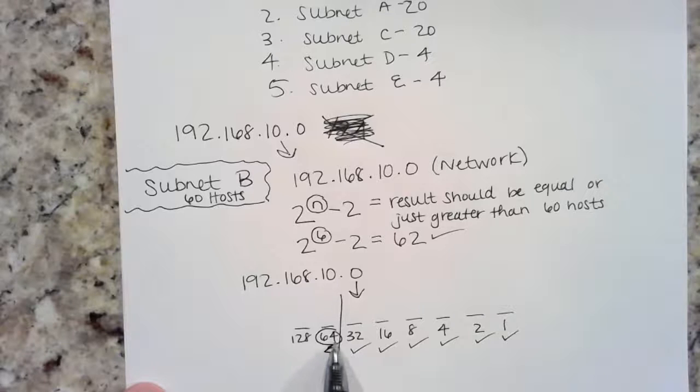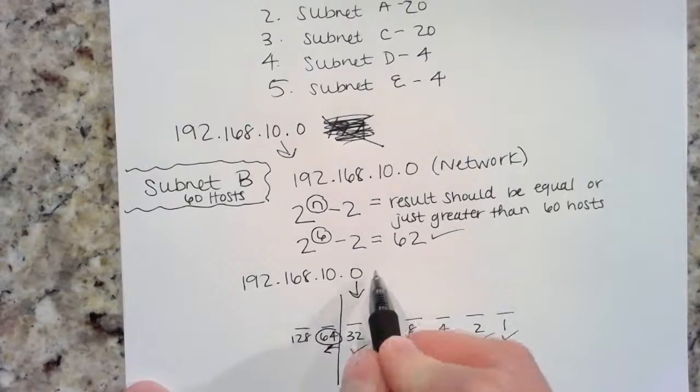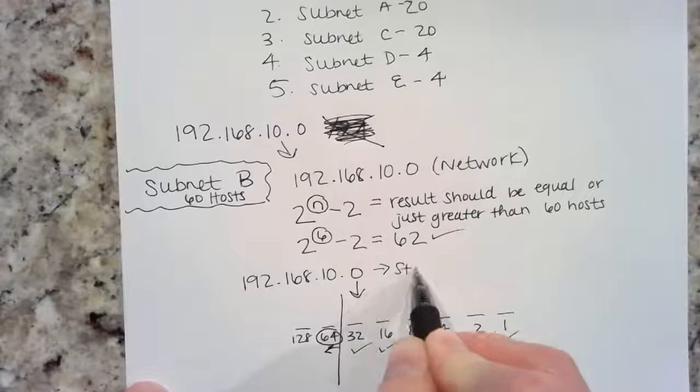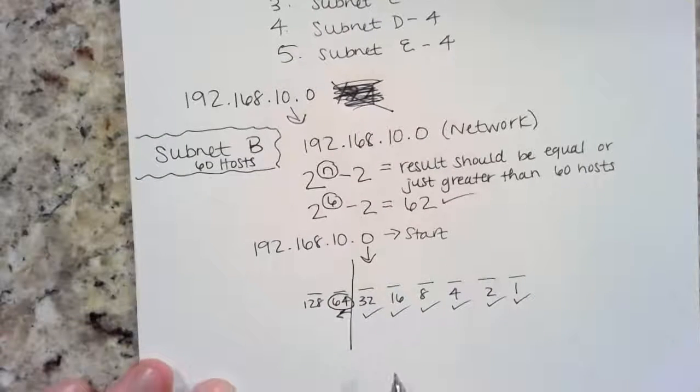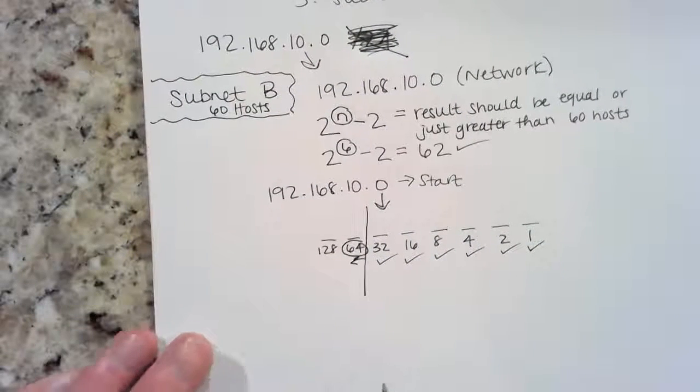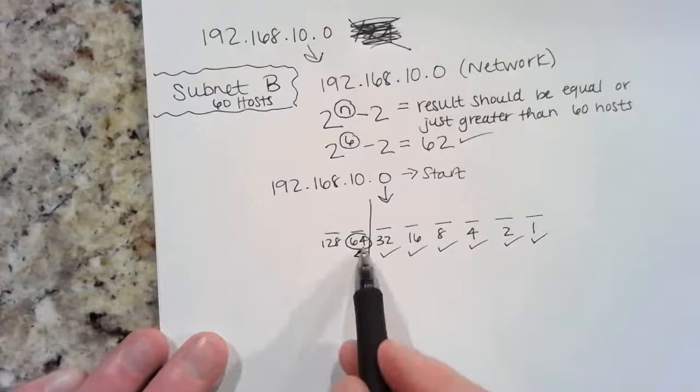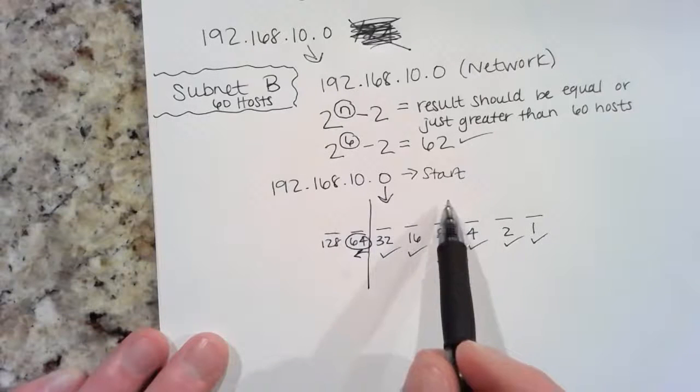That number is the amount that we are incrementing by, or you can think of it as the start of your next subnet. Remember, this is our starting address. This is the start. So we're looking at where we are going to end. There are 2 different ways you can think about this. You can think about it like adding 1 less than this number, and I'll show you.